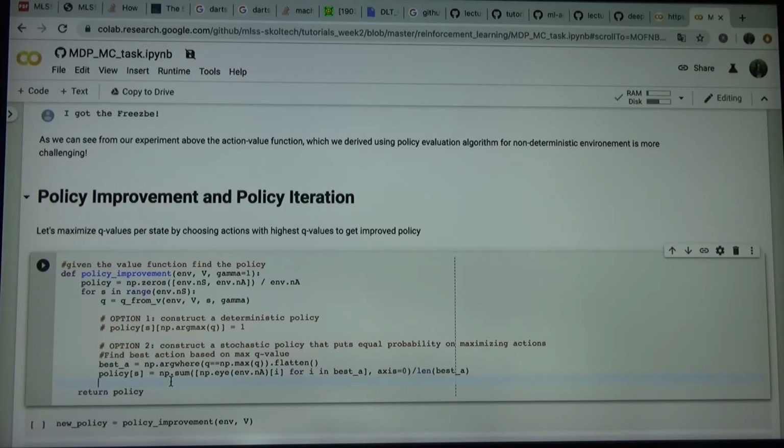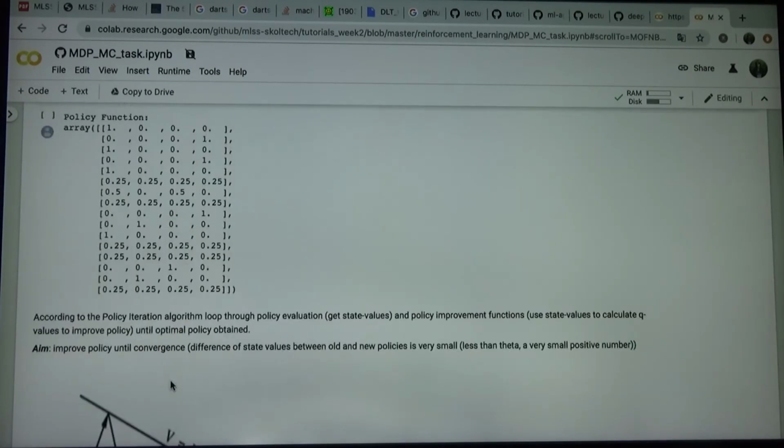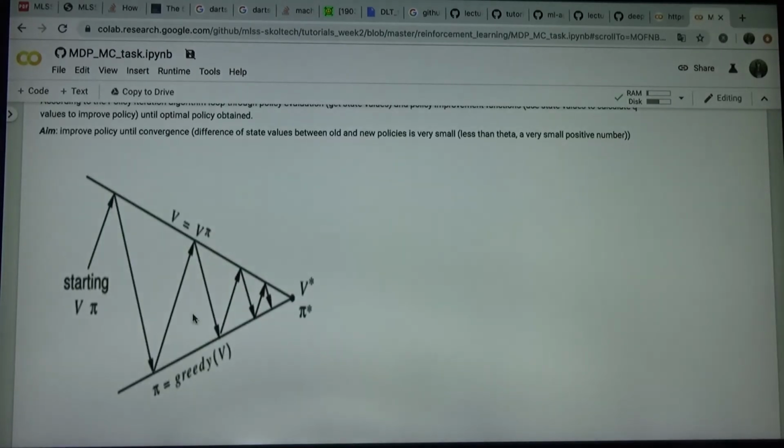So policy iteration, in this not beautiful image, basically what we propose to do: as we have done it before, let's have some initial policy pi. Let's try to compute, evaluate the value function of this policy pi, okay?